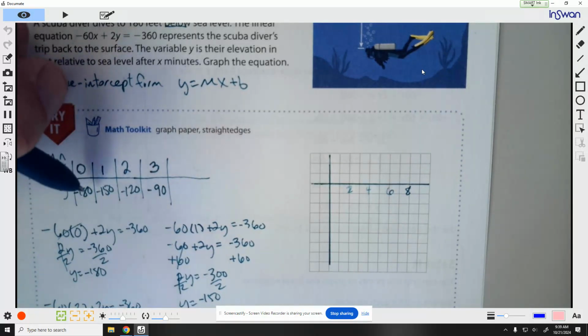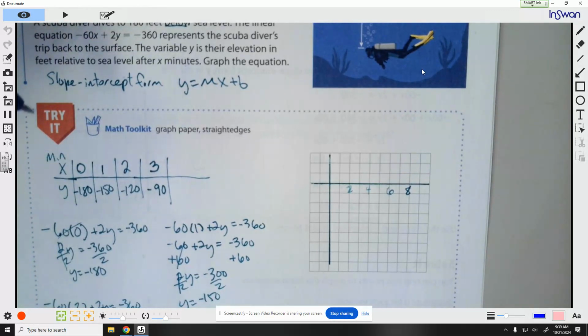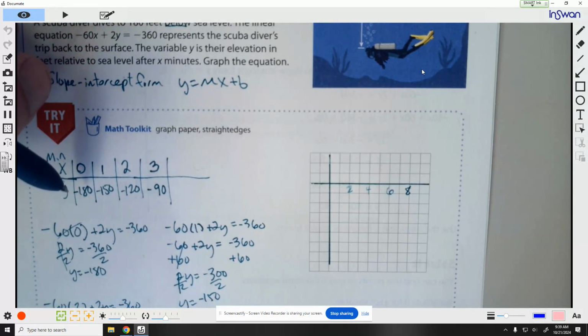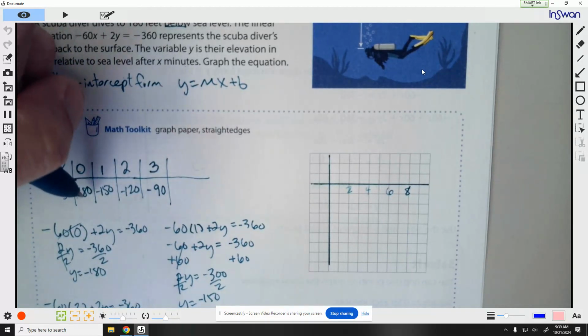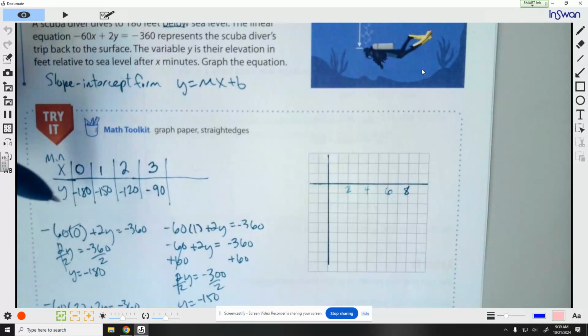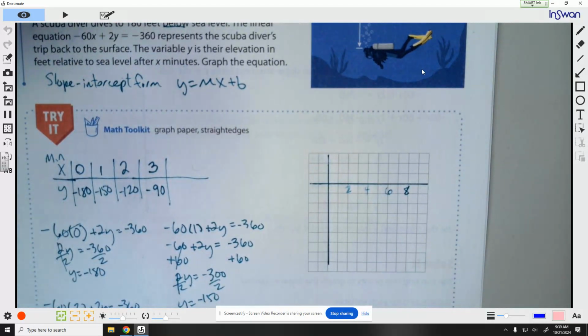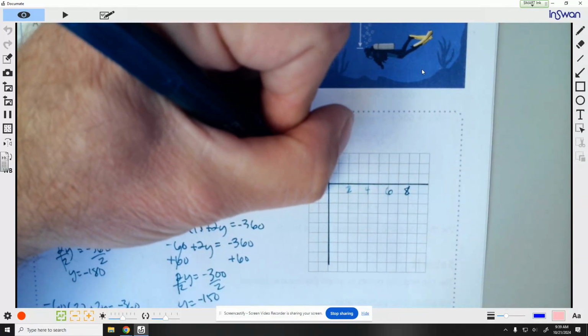I see what number goes into all of these evenly. 10s go into that, but another number that's bigger would be 30. I think 30 would be a more appropriate scale, because if I'm doing 10s, I'd have to get 18 squares down for this one. So 0, and then the first box would be negative 30.